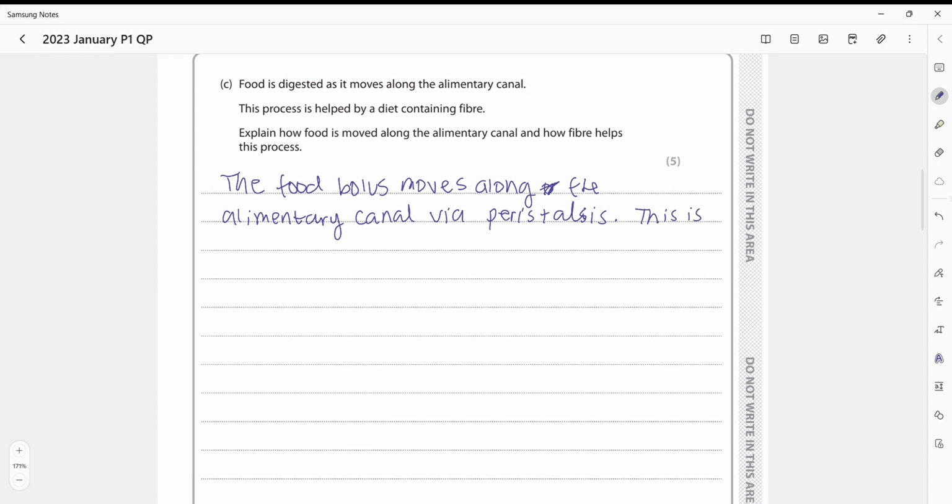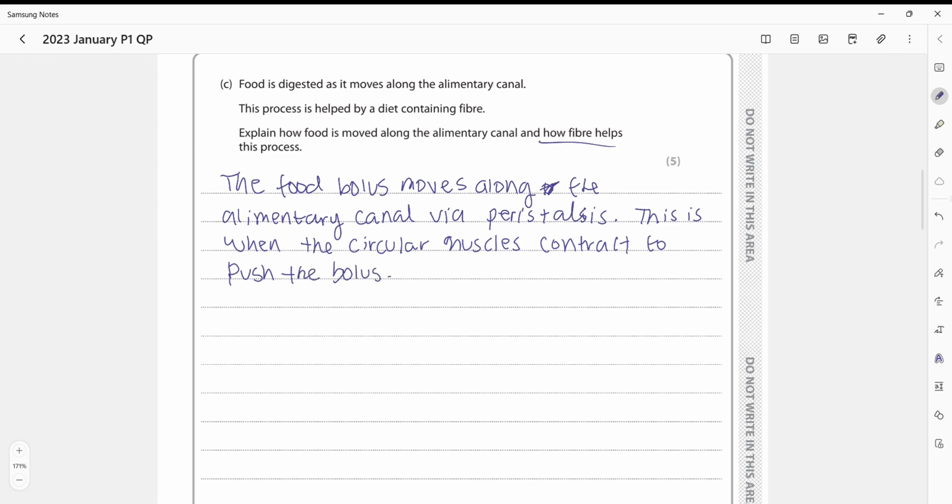This is when the circular muscles contract to push the bolus.